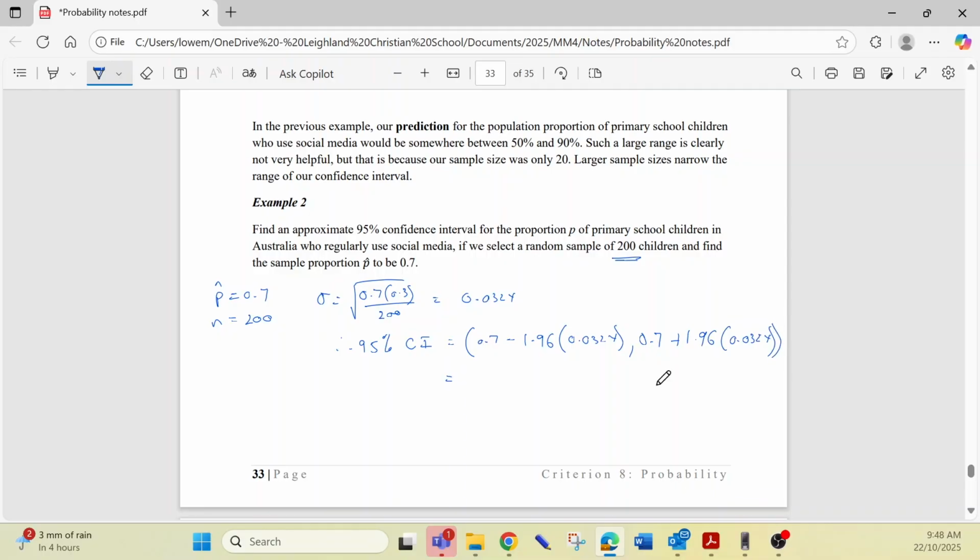So our confidence interval now is 0.64 to 0.76, between 64% and 76%. You can see it's narrowed down significantly because our sample size is significantly larger than the first time.